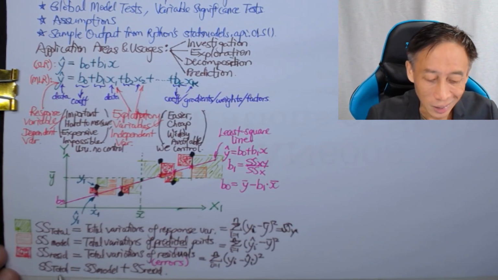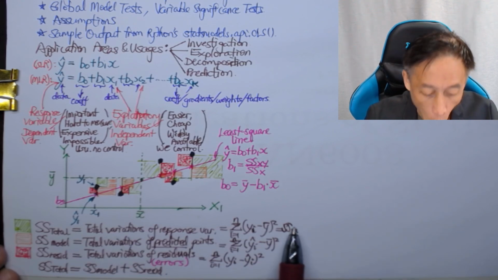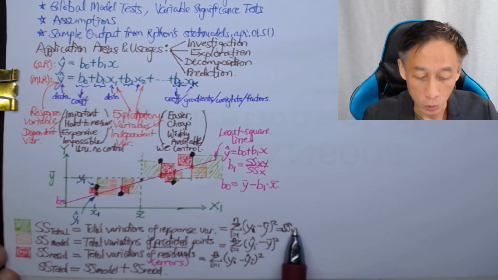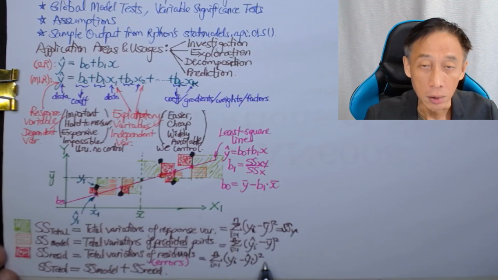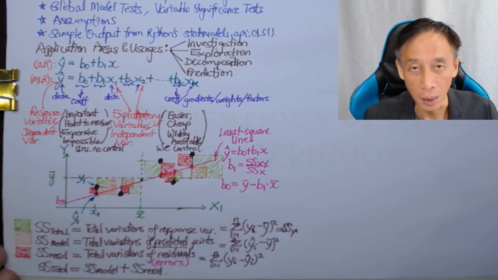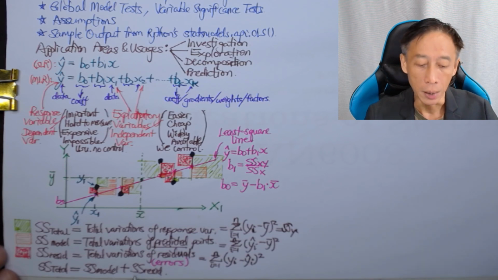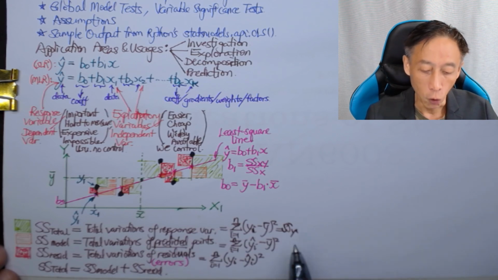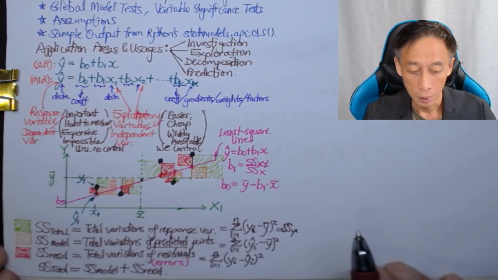The total fluctuation squared is always going to be decomposed into the model's fluctuation squared plus the unexplained error fluctuation squared. This is not an approximation, but always going to be respected by SS total, SS model, SS residual for any multiple regression.